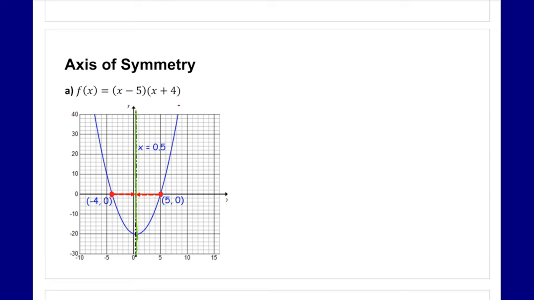So I can take my two x-intercepts, 5 plus negative 4, add them together, and divide by 2 to find the middle value. 5 plus negative 4 is 1, divided by 2, we get 0.5. So my axis of symmetry is x equals 0.5.